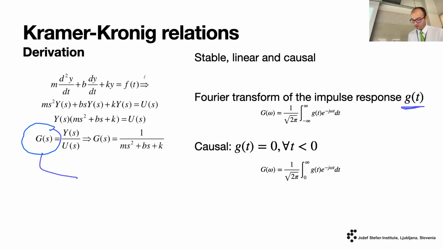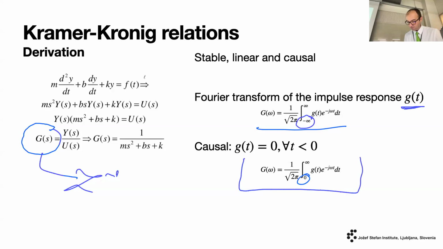This is actually the inverse Laplace transform of this integral. You don't have to worry about this at the moment. We are not going to solve any integrals. Everything will be done gently. And because the system is causal, this minus infinity will become 0. So this is everything we need at the moment.